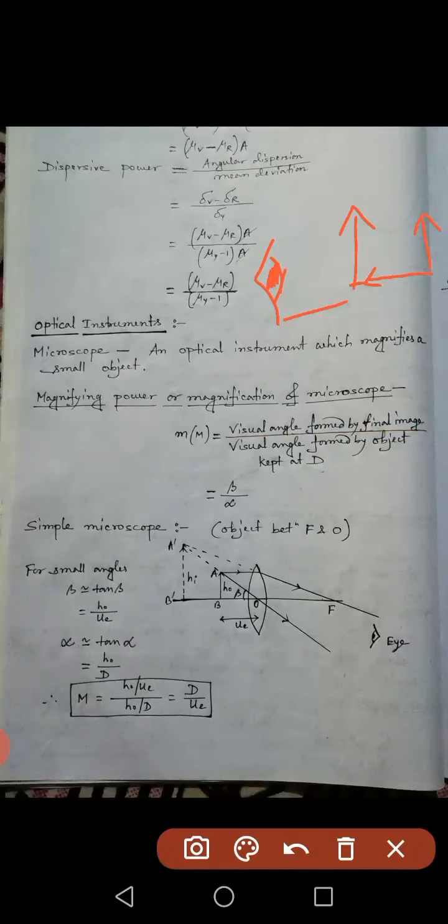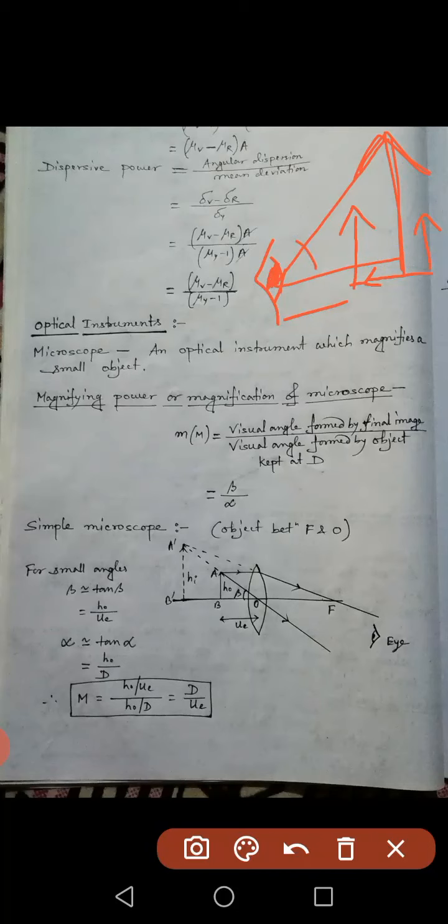Suppose this is the actual position of the object when the object is at D. Now you are using the microscope, and after using the microscope you got the image somewhere here. This is the final image, suppose. How much angle is this image making at your eye? This angle.